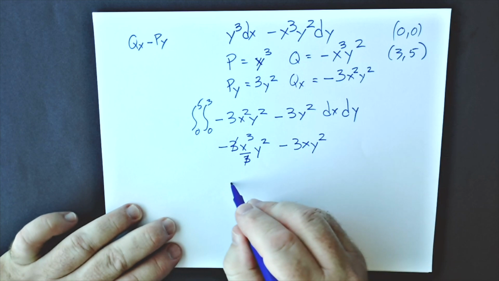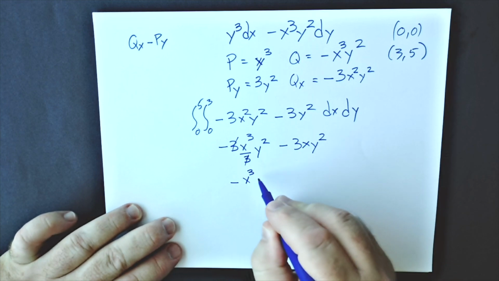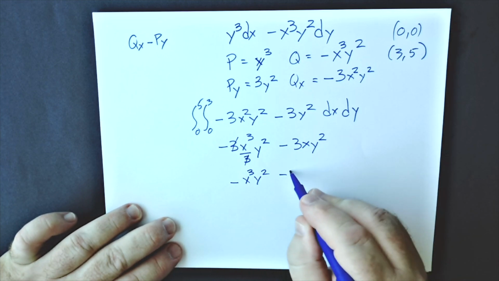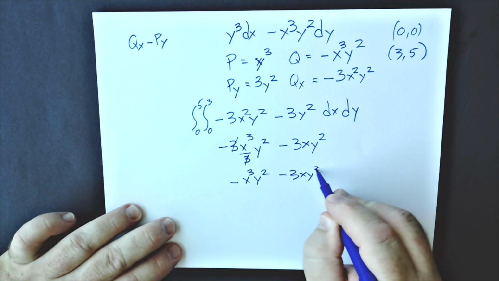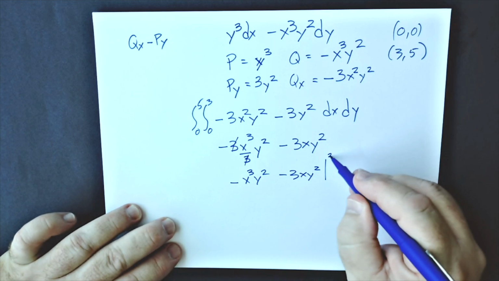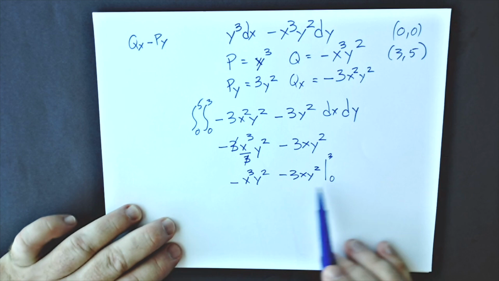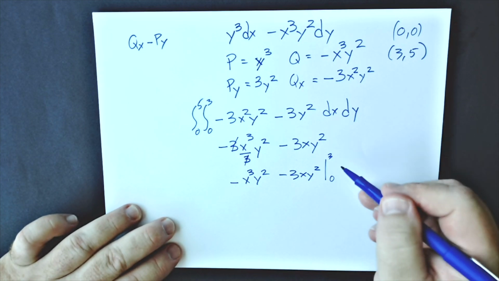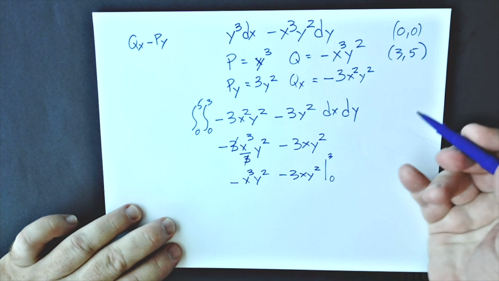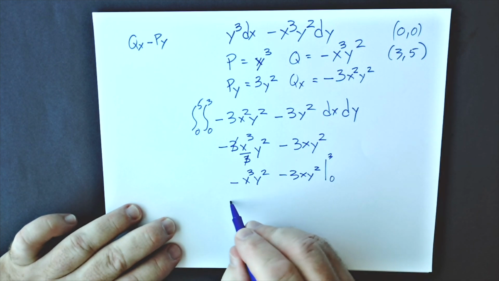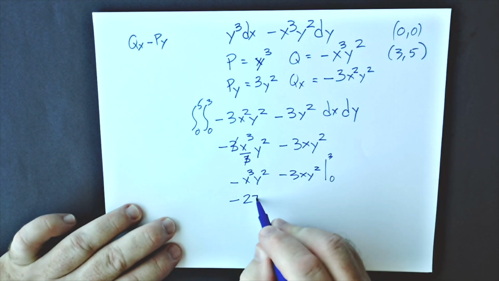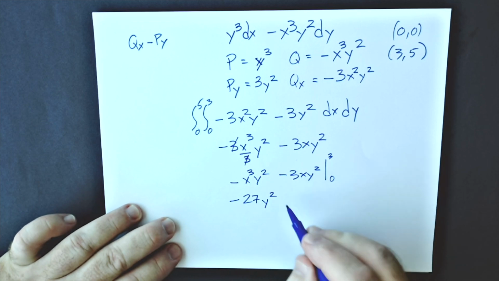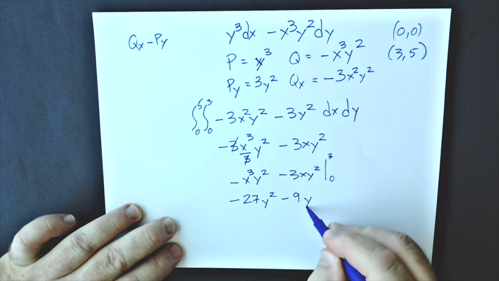So then I have negative x cubed y squared minus 3xy squared. And we're going to evaluate all of that from 0 to 3. The 0 part is not going to matter because they're all going to turn 0. So we just need to plug in 3 for the x. So it looks like this becomes negative 27y squared minus 9y squared.